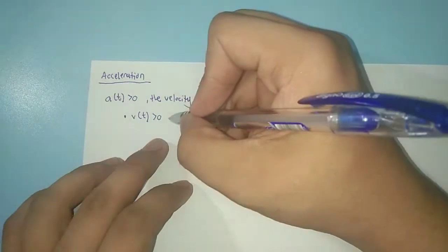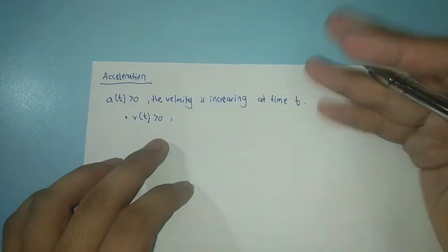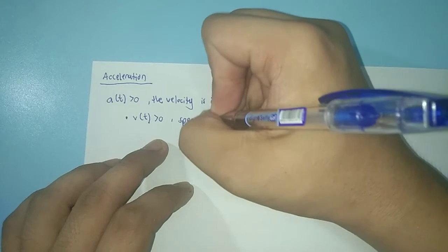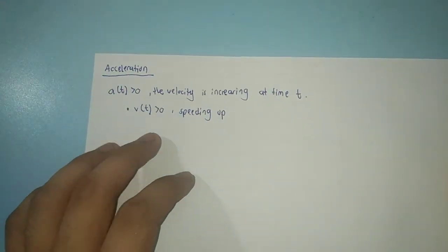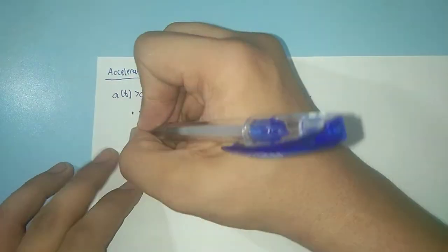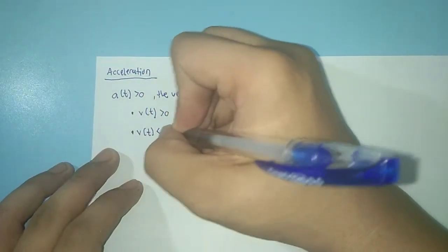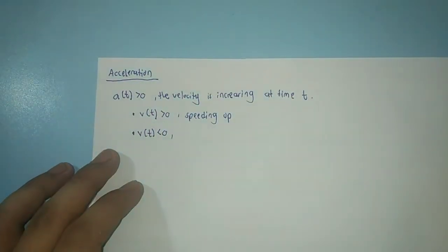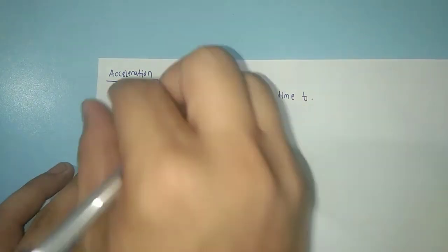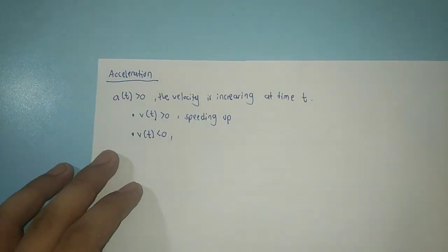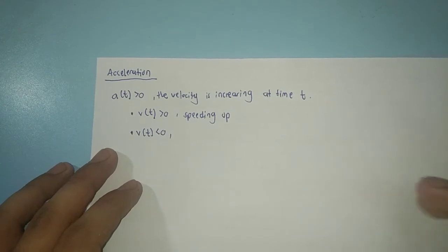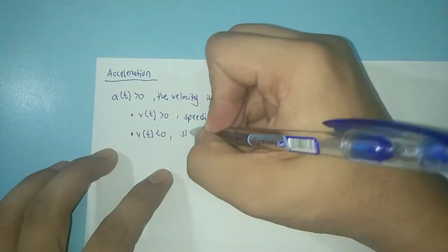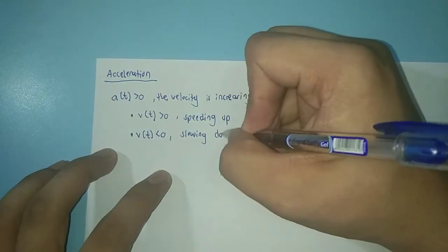So it is speeding up. Just remember that: speeding up. When the velocity is negative, with positive acceleration, the speed of the particle is decreasing at time t. So slowing down.